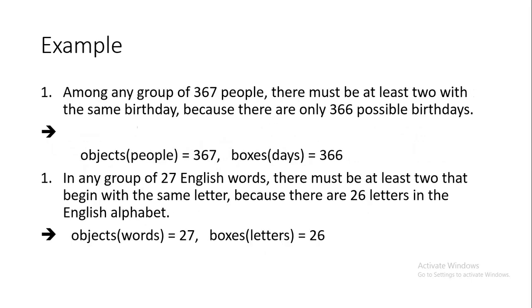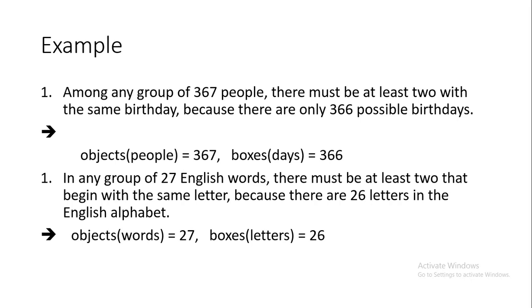Next, see one of the examples of the pigeonhole principle. The question is that among any group of 367 people, there must be at least two with the same birthday, because there are only 366 possible birthdays. How does this relate to the pigeonhole principle?